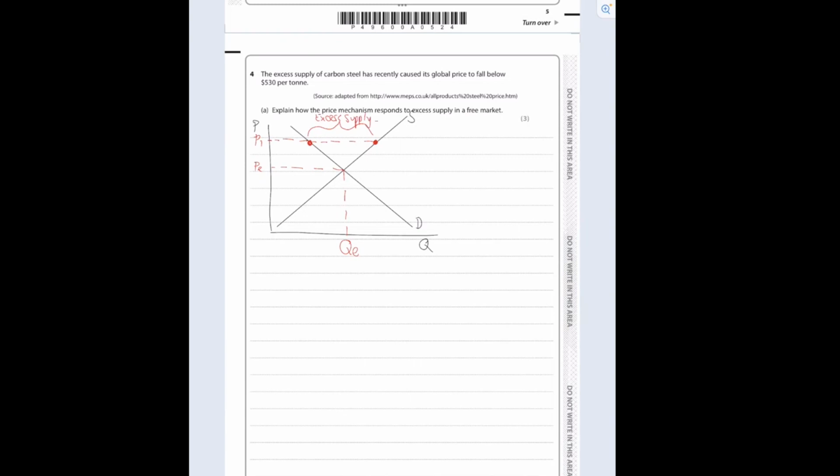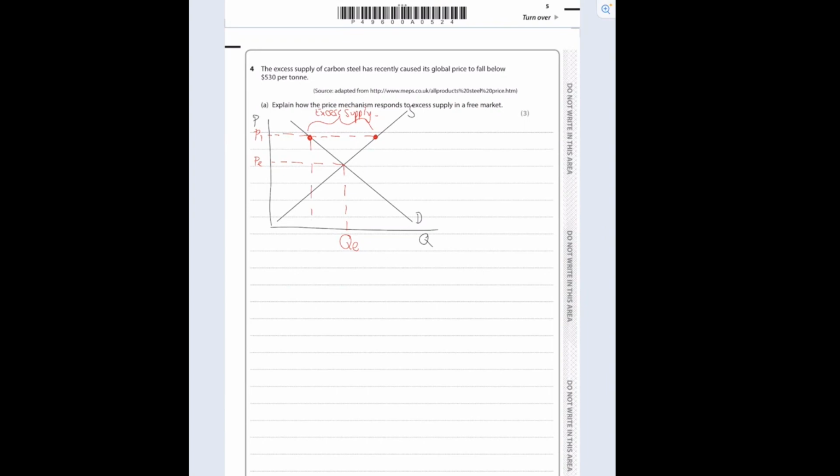Now I can then draw points going down here. Here's Q1, here's Q2. And so what would happen is basically supply would contract to move back, and demand would extend. So you would move along the demand curve going that way.